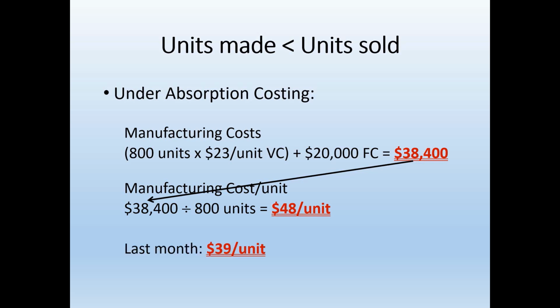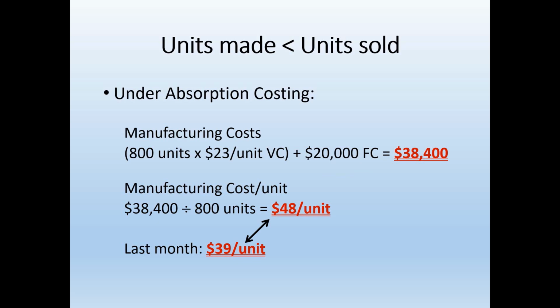Looking back at November, it cost the firm $39 per unit. That's very odd because nothing changed in the firm's cost structure. Not the fixed costs, not the variable cost per unit.